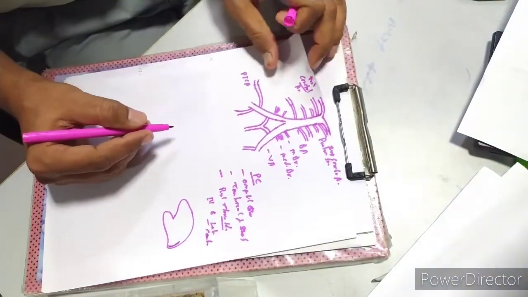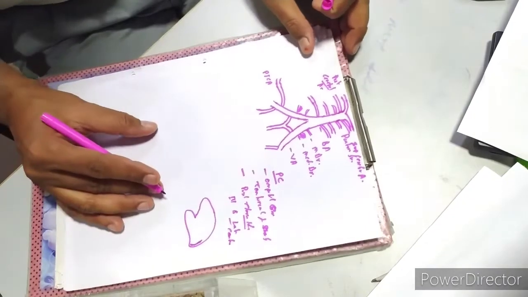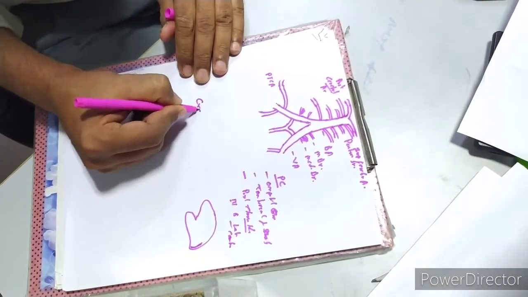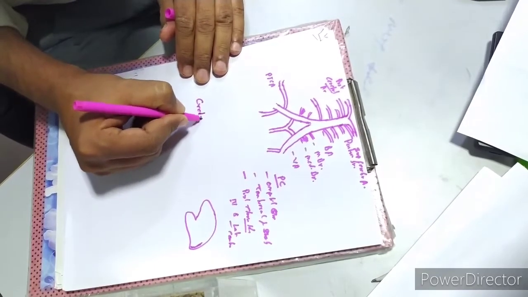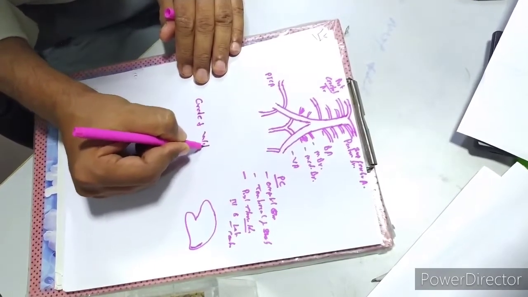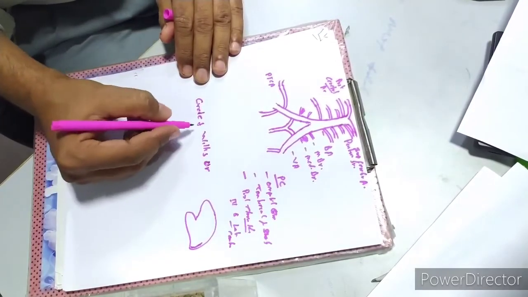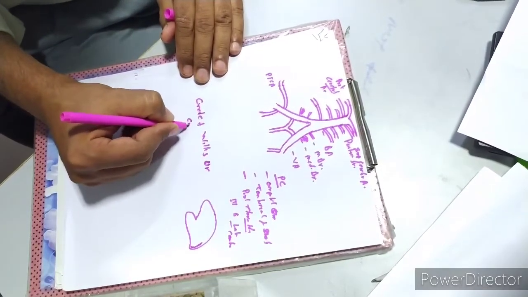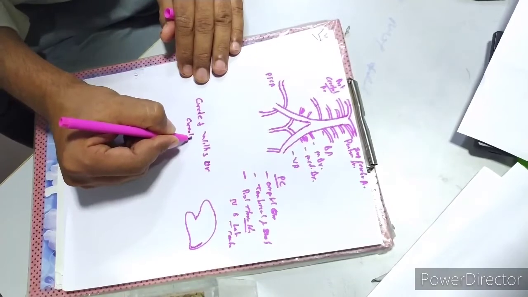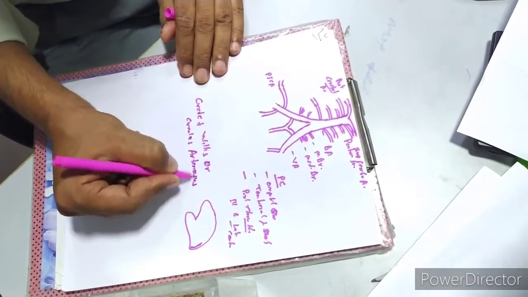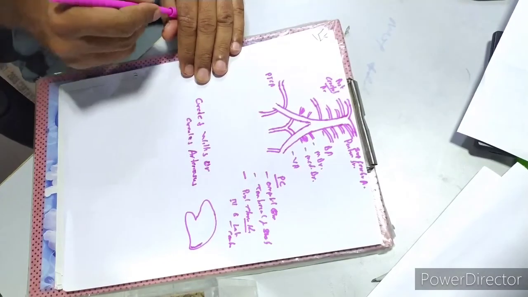Now come to the important arterial anastomotic circle, that is the circle of Willis, or the circulus arteriosus. What is circulus arteriosus?